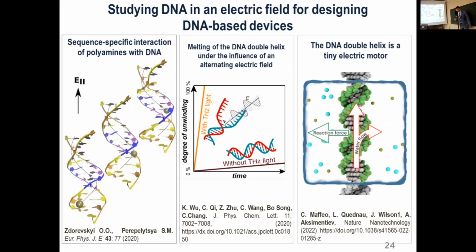This rotation appears due to the special structure of the double helix. Due to the grooves, ions move along DNA, and this motion induces the water flow, and due to these grooves, DNA starts to rotate.